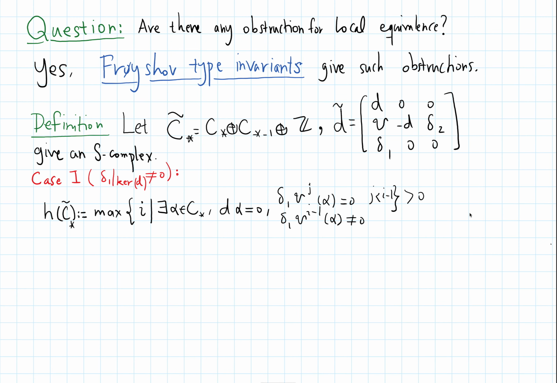So from the definition, it's almost clear that this is always a positive integer. So in this first case, we would get a positive integer.